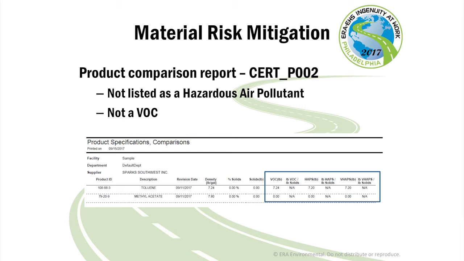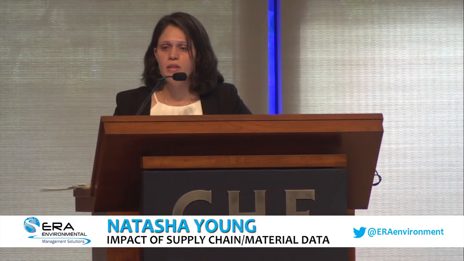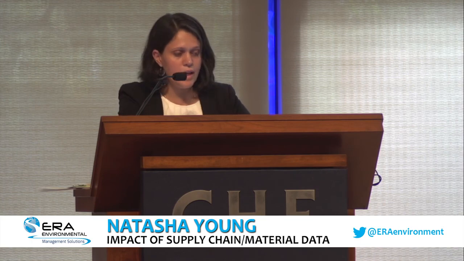Methyl acetate, for instance, is a VOC-exempt chemical, which essentially means it has a very low MIR value, which means formulators find it easy to use this chemical and meet VOC limits. Methyl acetate is also not listed as a hazardous air pollutant, which makes this a more environmentally friendly chemical, a little less hazardous, for instance.